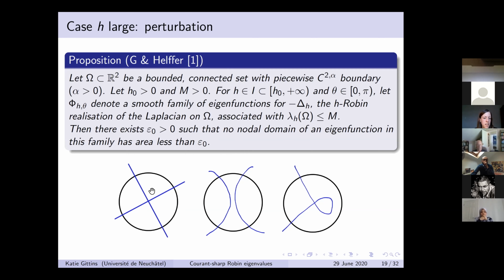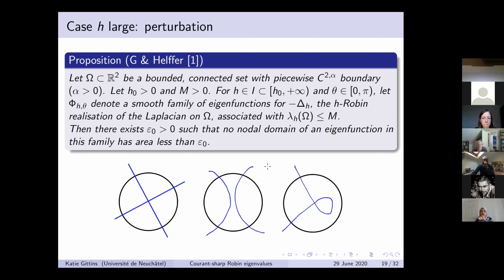On the left, this is either going to be 4 global nodal domains or 3. And here it's going to be either 3 global nodal domains or 2. So under the perturbation, the number of nodal domains might decrease, but it won't increase, because I can't suddenly create loops inside here.